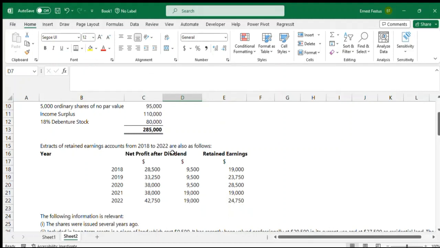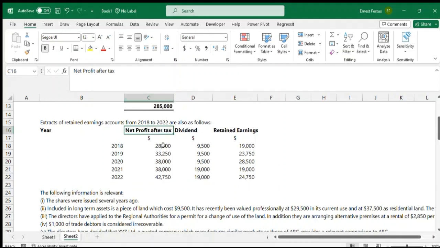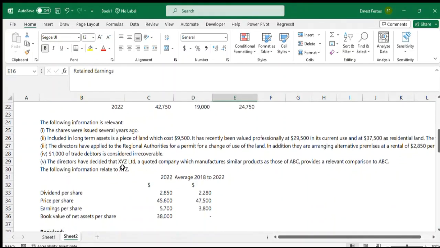And we also have some additional information here. We have extracts of the retained earnings account from 2018 through 2022 as follows. We have our net profit after tax for the various years, the dividend as well as our retained earnings. Then the following information is relevant.